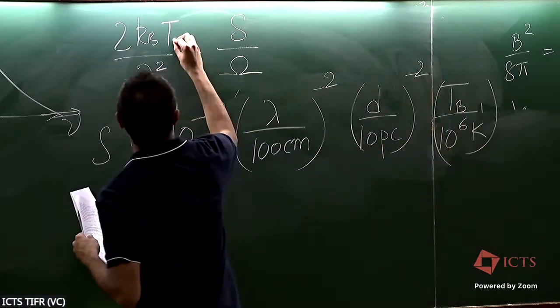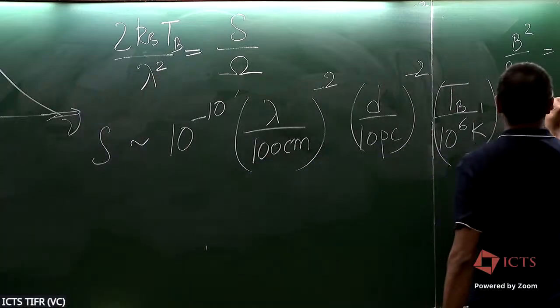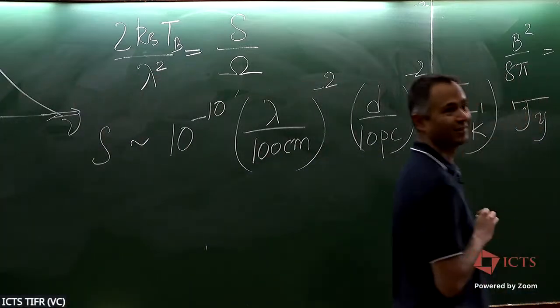Let's call it T_B for brightness temperature. And this is in Janskys. I don't know if you have heard of what a Jansky is.